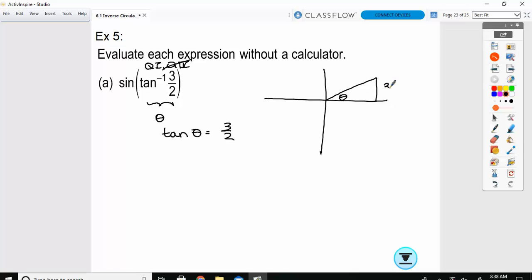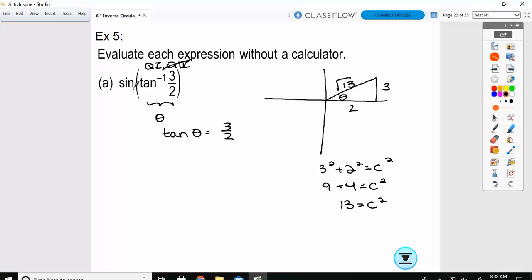Tangent is opposite over adjacent. How would you find your other side? 13, so this side is the square root of 13.